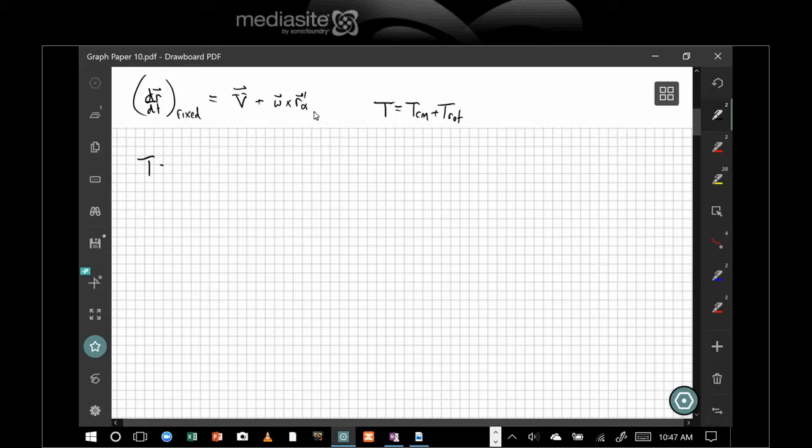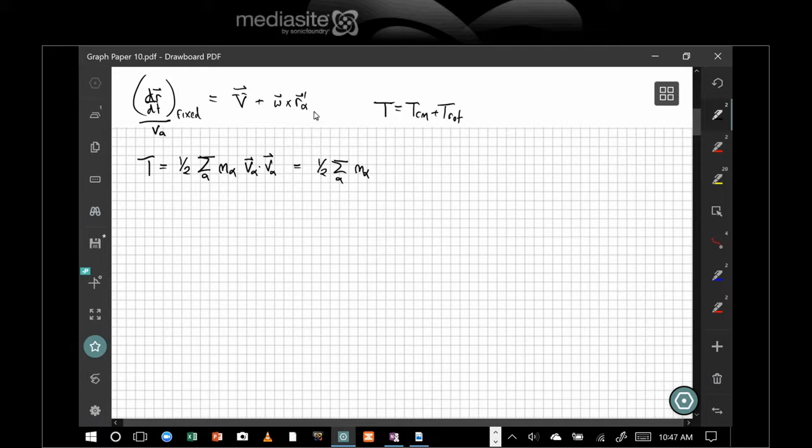Well, I say the kinetic energy, again, I have a bunch of particles, so this is 1/2. I'm going to sum over all the particles alpha, m alpha, and then I have to do v squared. Well, v squared is v alpha dot v alpha. Okay, and what is v alpha? Well, that's this. This is v alpha. Okay, so now what I'm going to do is just stick that in there. I'm going to get m alpha, and then I have to be a little careful here.